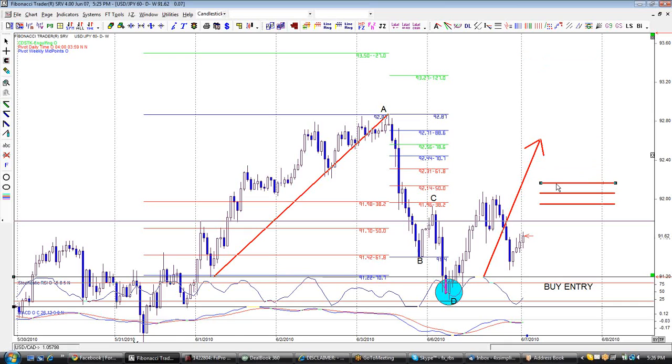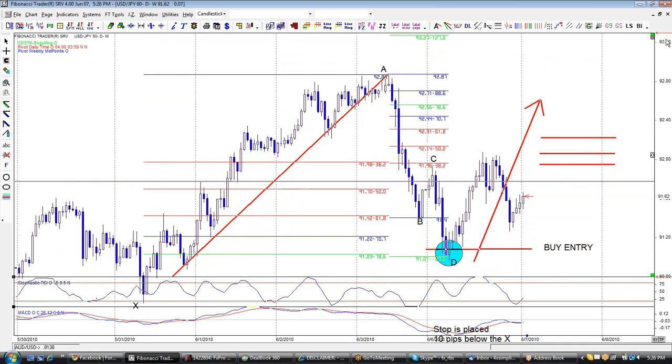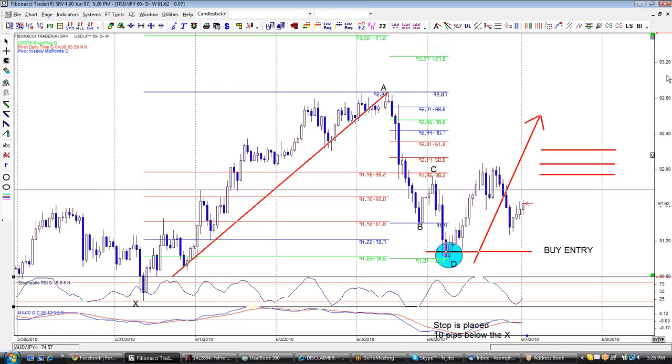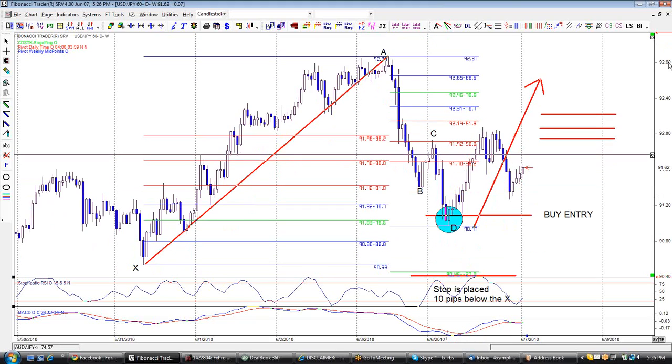First, we're not sure if price will go all the way to the last place where we believe price will go. We want to make sure that we'll take profit on the way up.